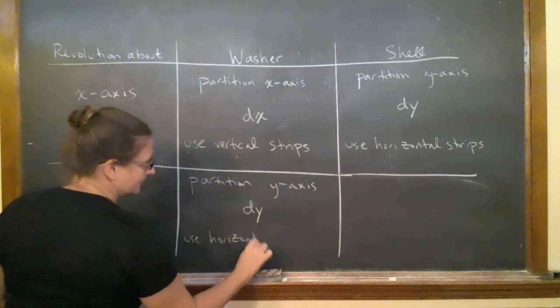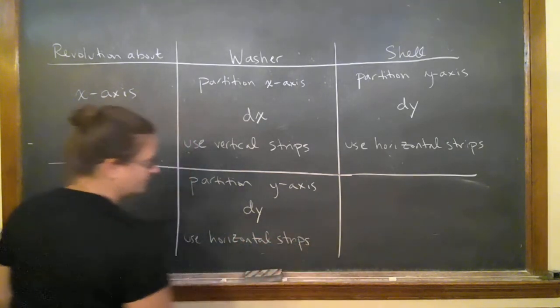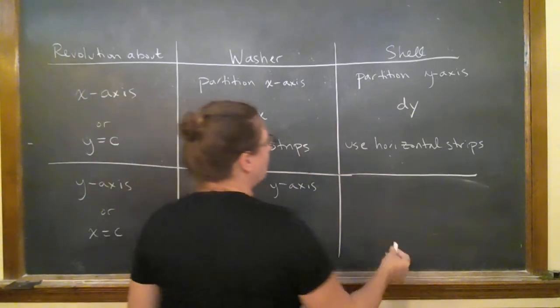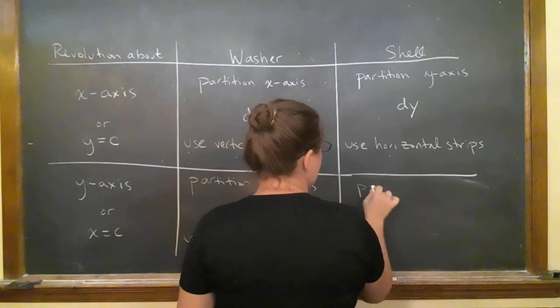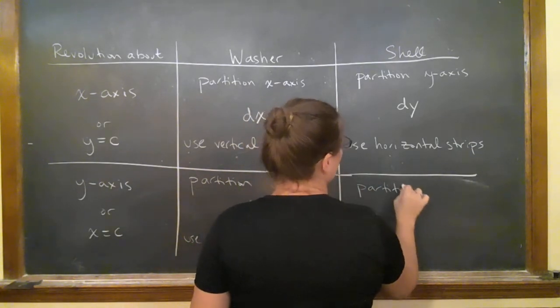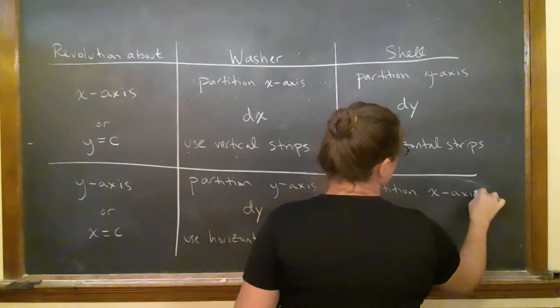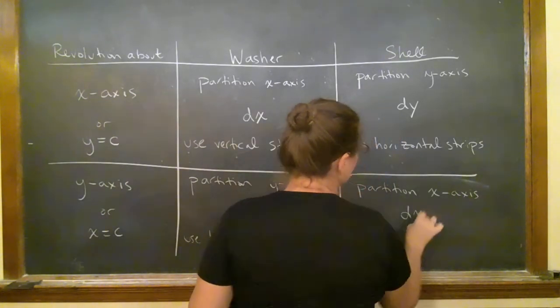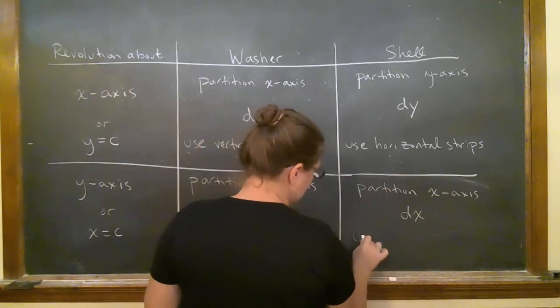And so my strips are going to be horizontal, whereas for the shell, like the very first example that we did, we need to partition the x-axis and go dx when we're using the shells. And then that ends up being vertical strips.